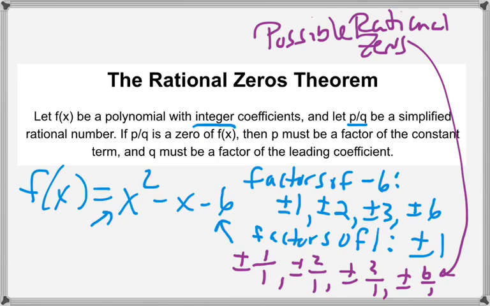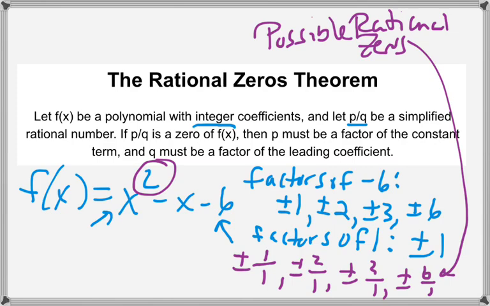Now they're not all zeros because this polynomial has degree 2, so it only has 2 zeros, and we just listed 8 numbers. And some polynomials have zeros that are not rational. But what this does for us is it gives us a list of likely candidates.